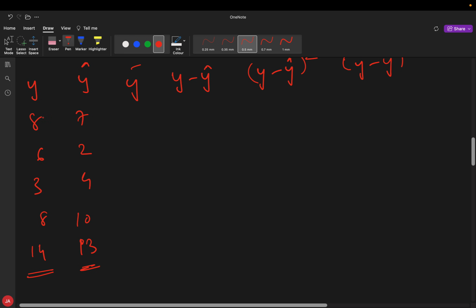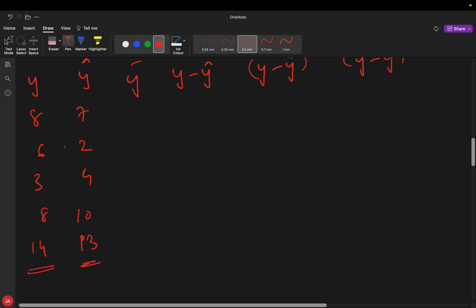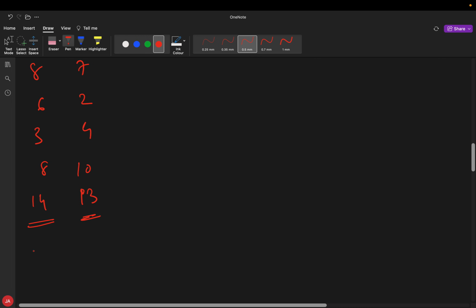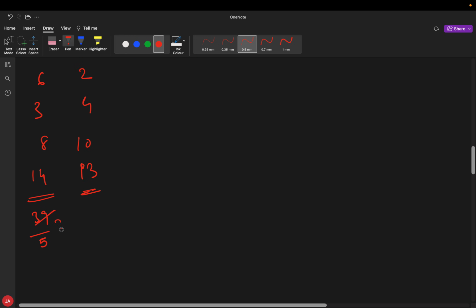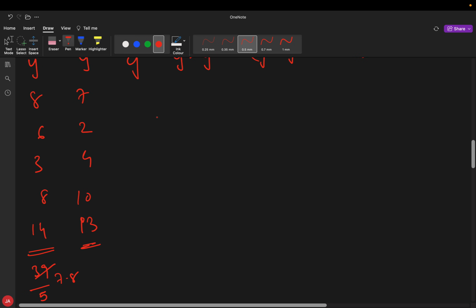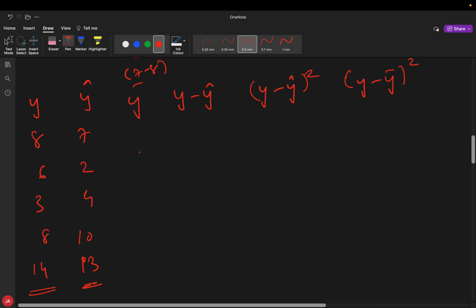These are my predictions. So the mean of y would be 8 plus 14 plus 17 plus 25, that's 39 by 5, something around 7.8. So my mean is 7.8, so I'll subtract every value from 7.8.